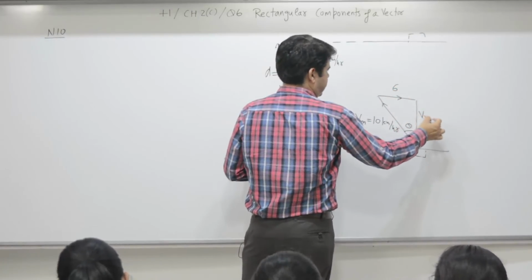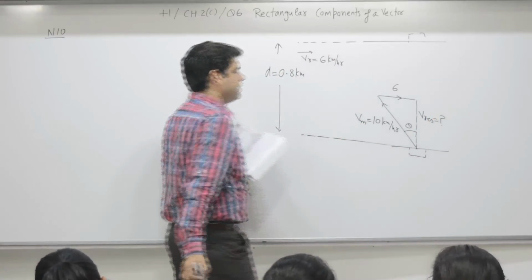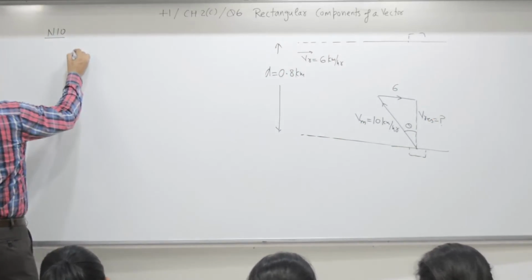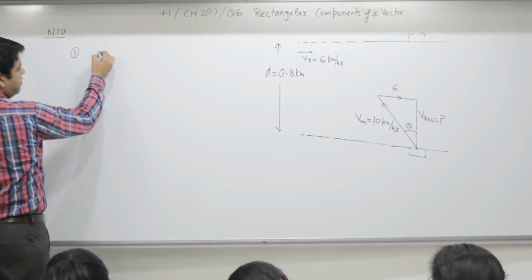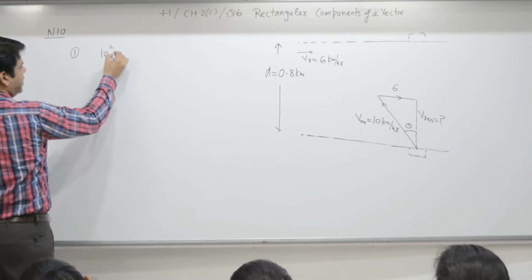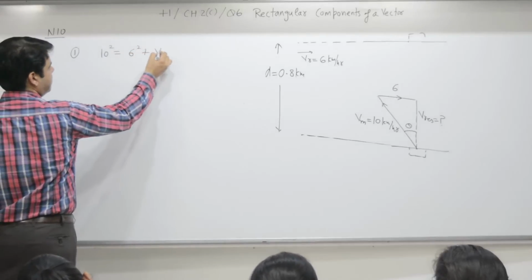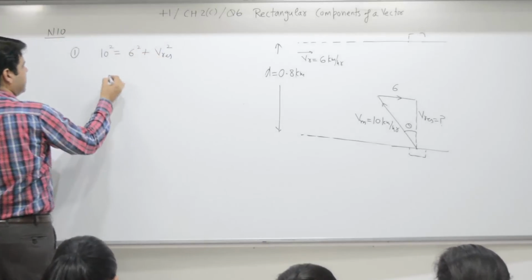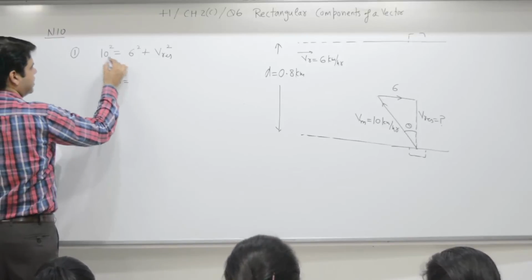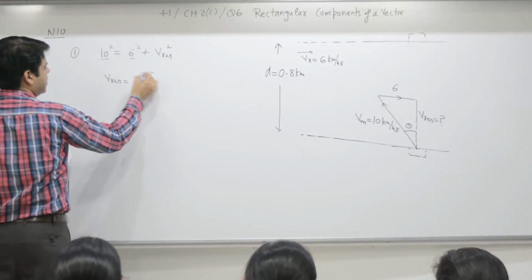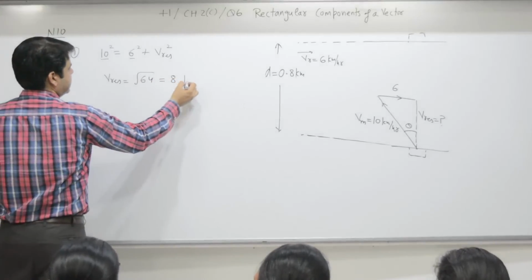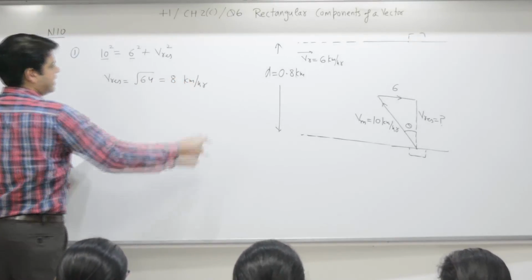What is the resultant? I will solve 10 square is equal to 6 square plus V resultant square. V resultant square is equal to 100 minus 36, 64, and root comes out to 8. So the resultant is 8 km per hour.